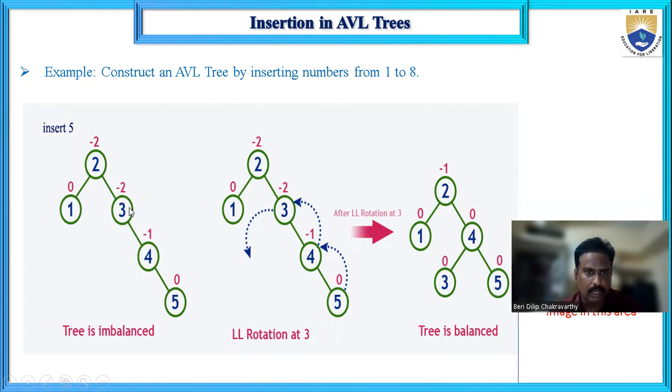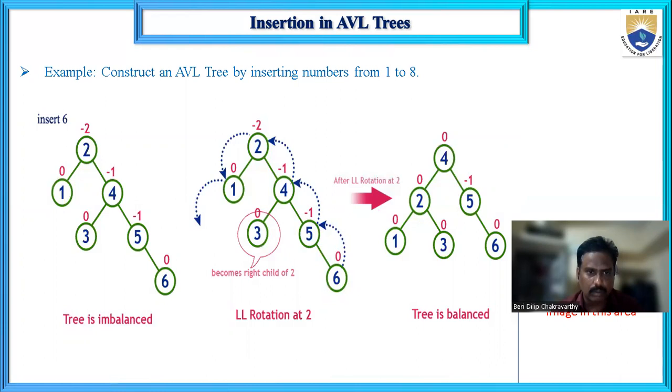So from here I need to perform the rotation. Here I got the LL rotation. So 4 comes in the middle, 3 comes as the left child, and 5 comes as the right child. In this way I'm going to perform the rotation.